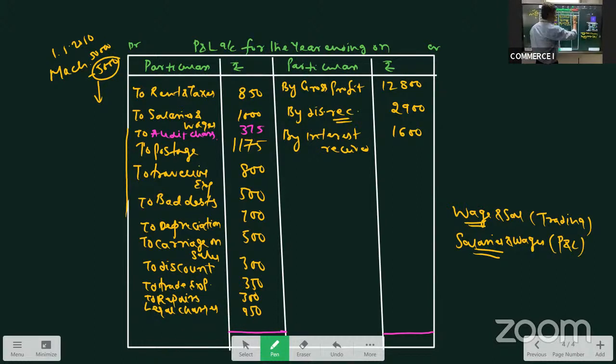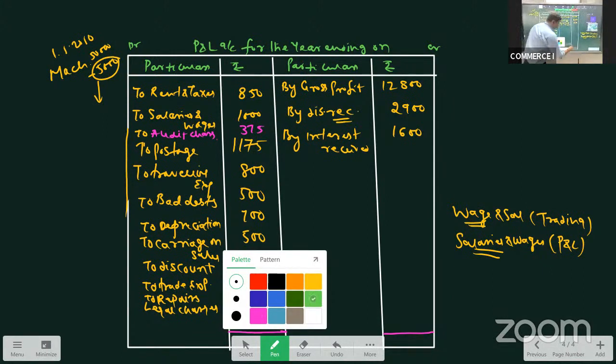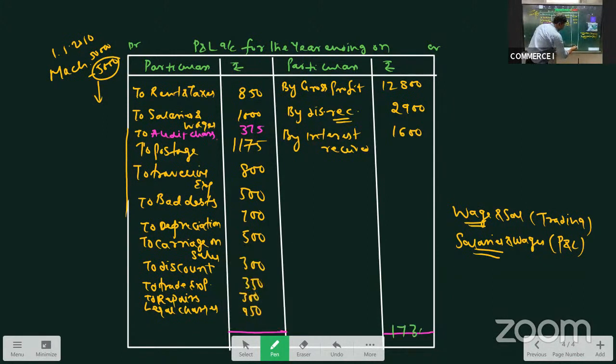If I do the total on the credit side, I got 17,300. So the credit side total is 17,300.